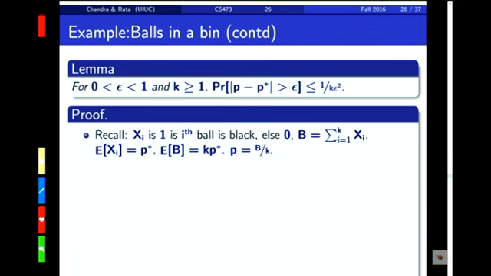Sorry? 0.99? 0.9999. Right? Because k epsilon square is 10 to the 6 times 0.01, that is 10,000, so the failure probability is 1 over 10,000, that is 0.0001.